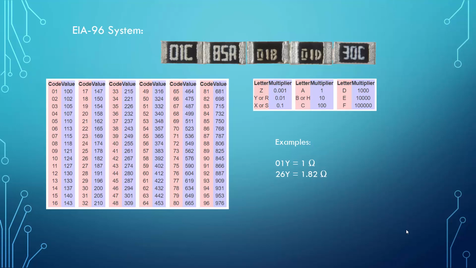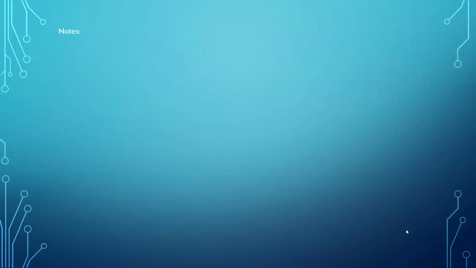If we follow the system's decoding procedure, 30X will be equal to 20 ohms, 55A will be equal to 365 kilo ohms, 80B will be equal to 6.65 kilo ohms, 94E will be equal to 9031 mega ohm.